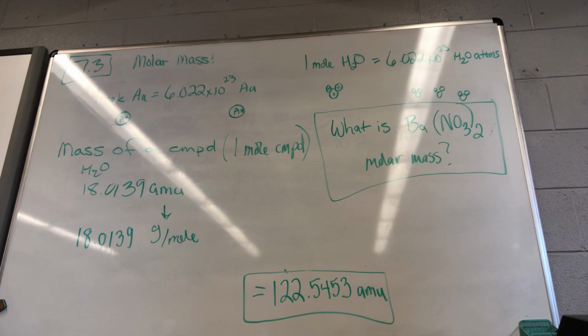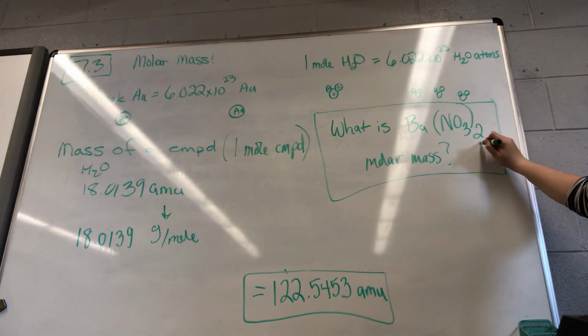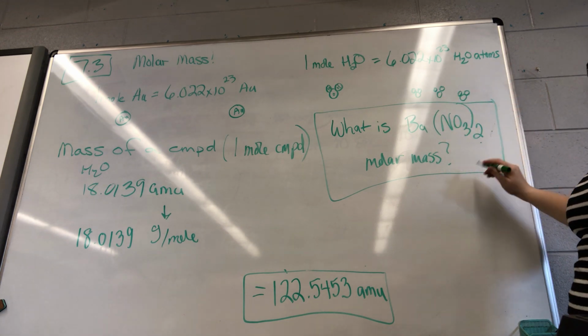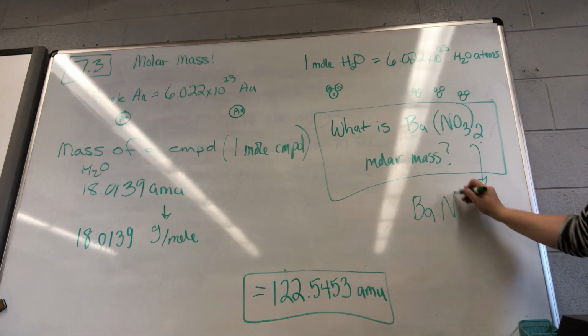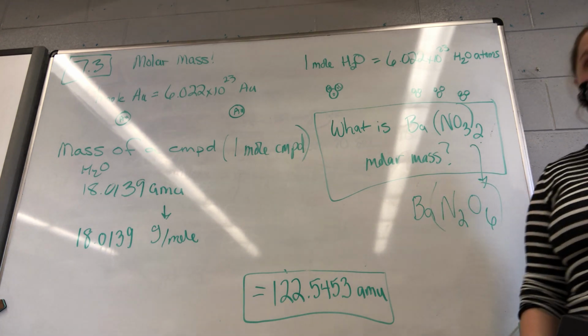Now, before we do that, what does that 2 do? That 2 is going to multiply everything inside of the parentheses by 2. So, in other words, the compound that we need to find the mass of is really this.